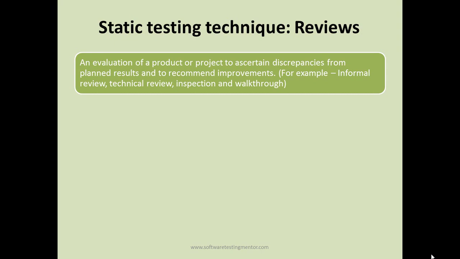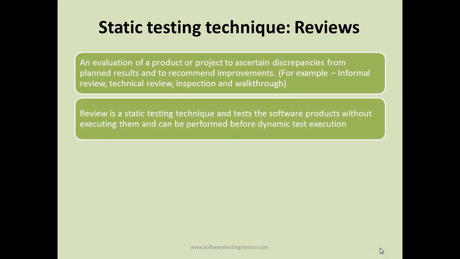These are all different kinds of reviews. Review is a static testing technique and tests the software products without executing them, and can be performed before dynamic test execution. So review is always performed before dynamic test execution, and review is a static testing technique.